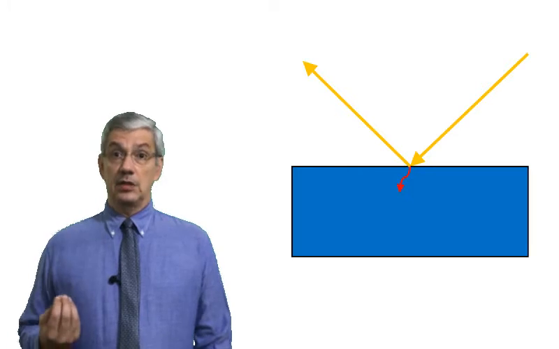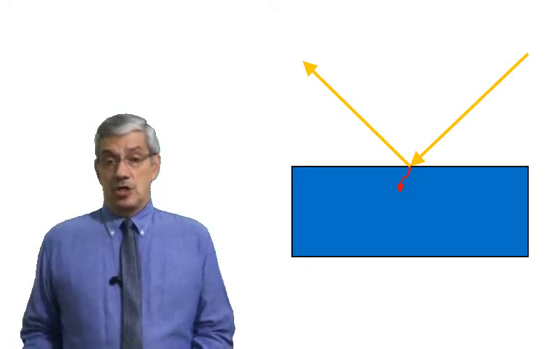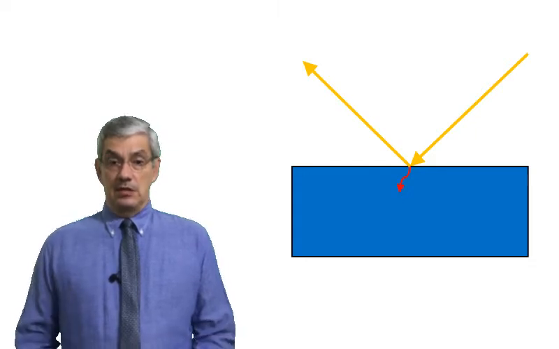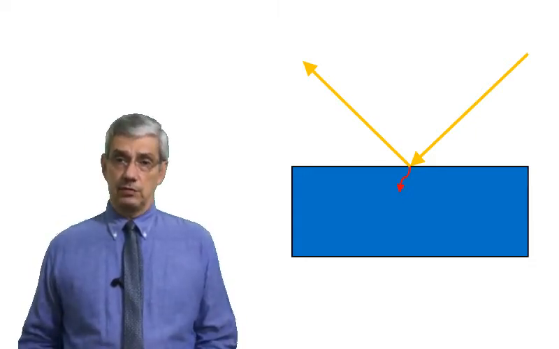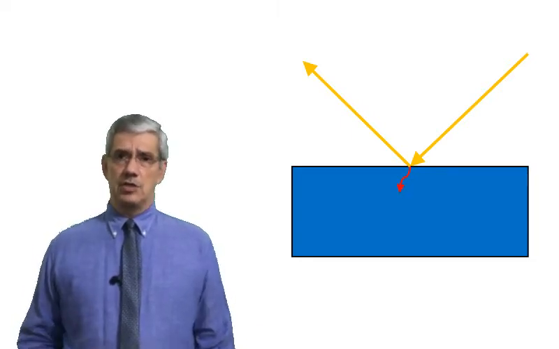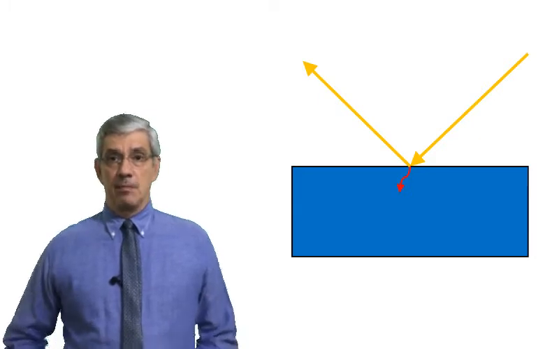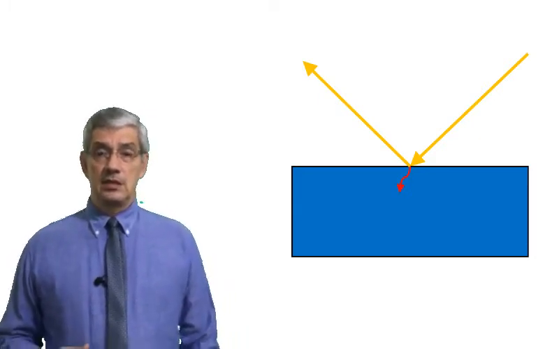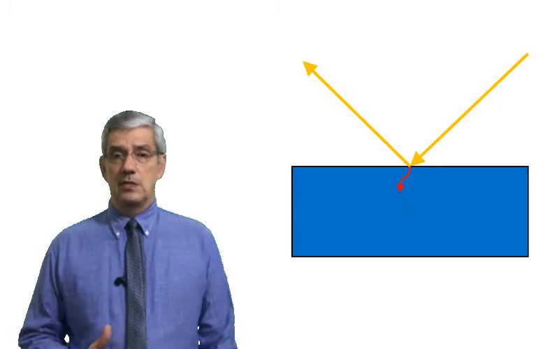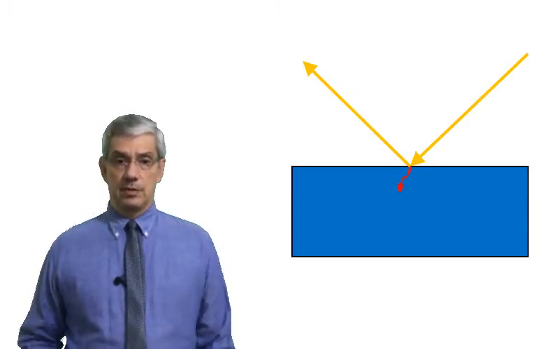It may be changed, for instance, into electricity in a photovoltaic cell, or into chemical energy in the leaf of a plant. But most often, it will just change into heat, and this heat will increase the temperature of the body.